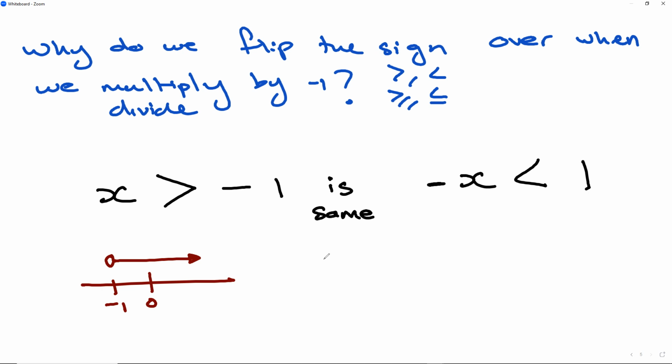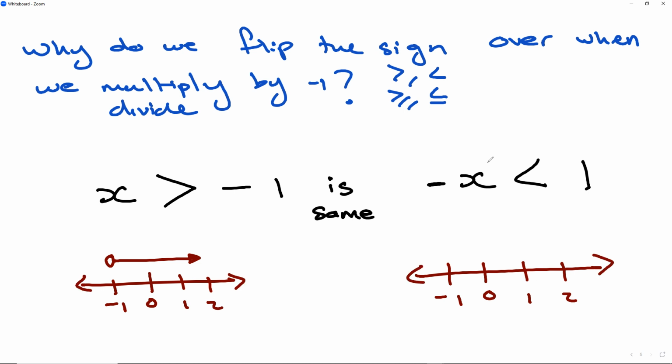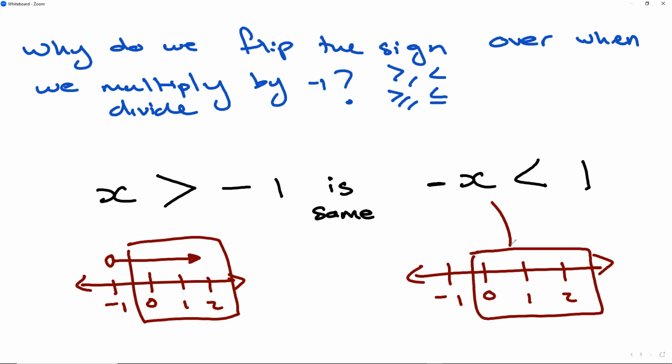Now, on that same number line, I've got -1, 0, 1, and 2, and I put negative x in there. Every time I put in these x values, it should still be true. But let's check if it's true.